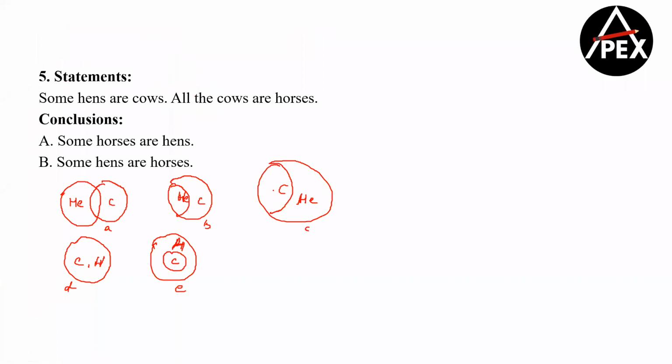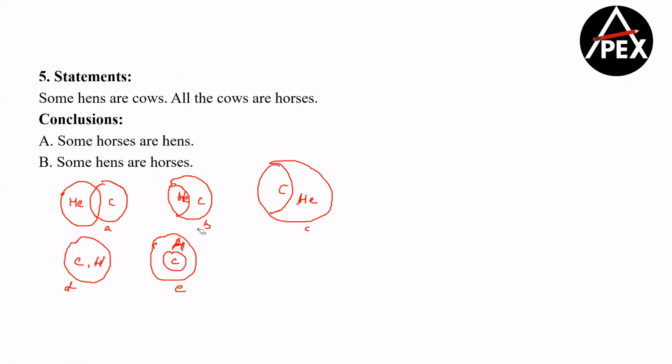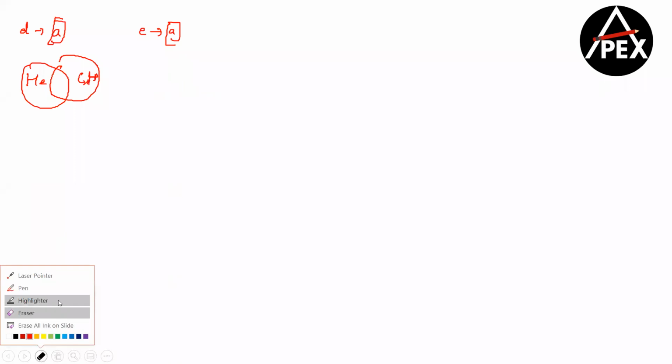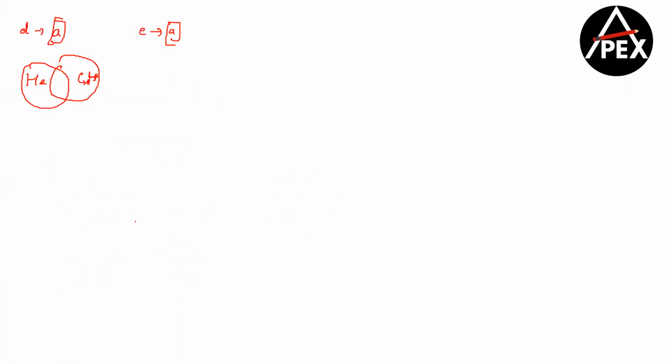Okay, the next one, what should we do? We should do D with, hey, wait. I was supposed to take E with A, no? Did I take E with A only? No. So this diagram is wrong. Okay, yeah. Just give me 1 minute. How does A look? A looks like this.